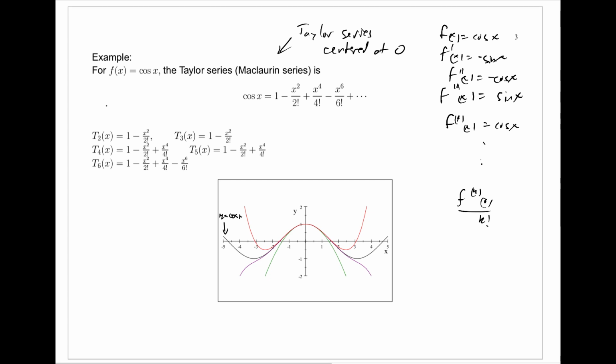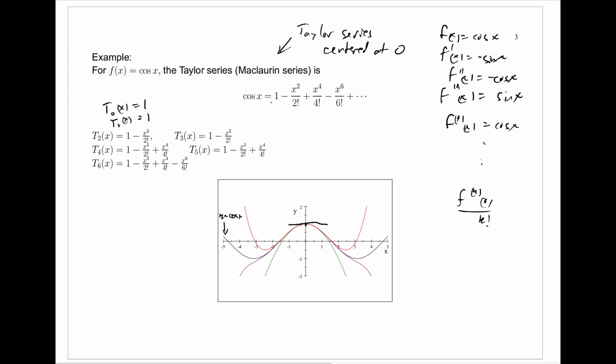Just as before, t0, the 0th degree Taylor approximation, is just the constant 1. You can see that right at this point, 0, 1, the best 0th order approximation, which would mean a constant approximation to the cosine function, is that horizontal line, which in this case is the tangent line. But now notice something interesting, that it is the tangent line because t1 of x is the exact same as t0 of x. It's just 1.